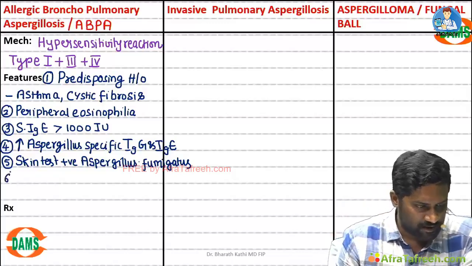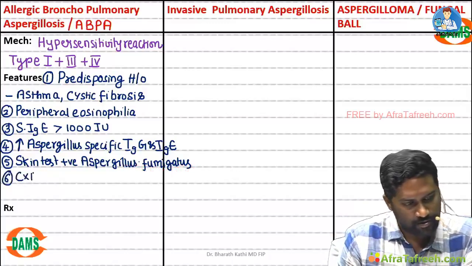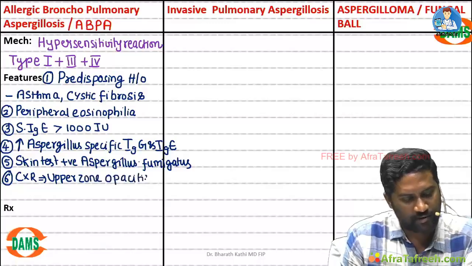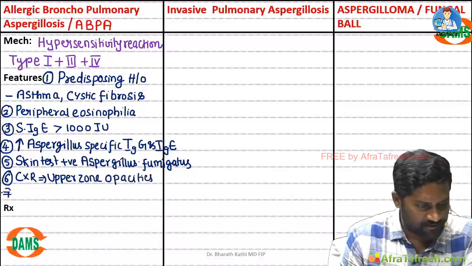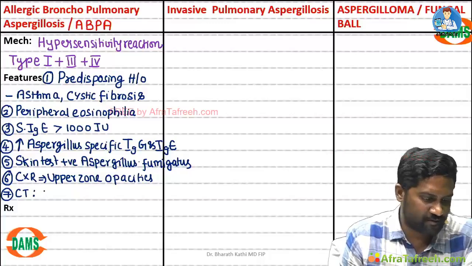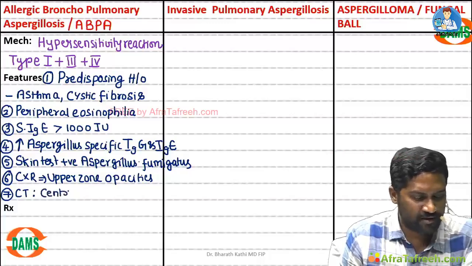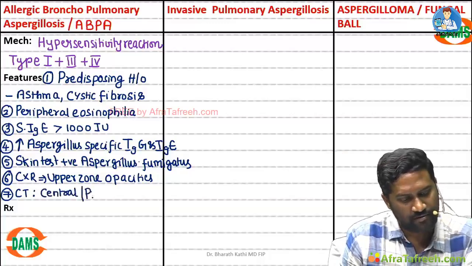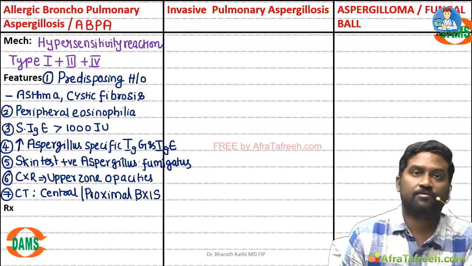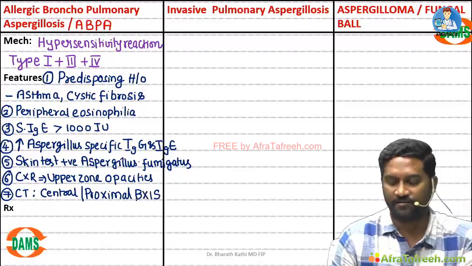If you take a chest X-ray, you can notice upper zone opacities, and on the CT chest you find the classical feature called central, also written as proximal, bronchiectasis.